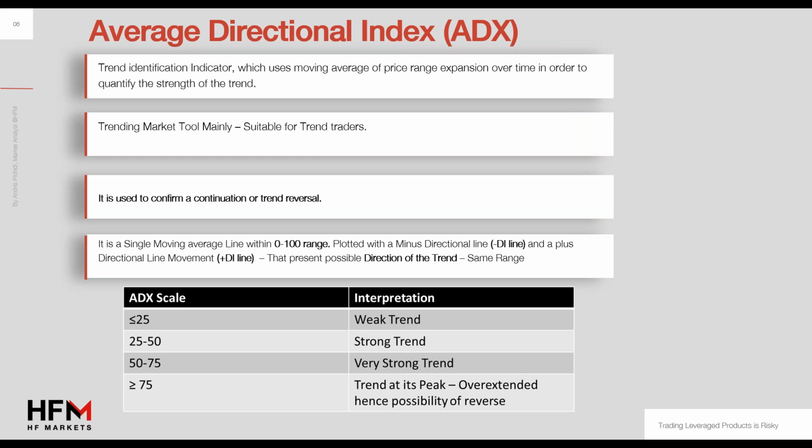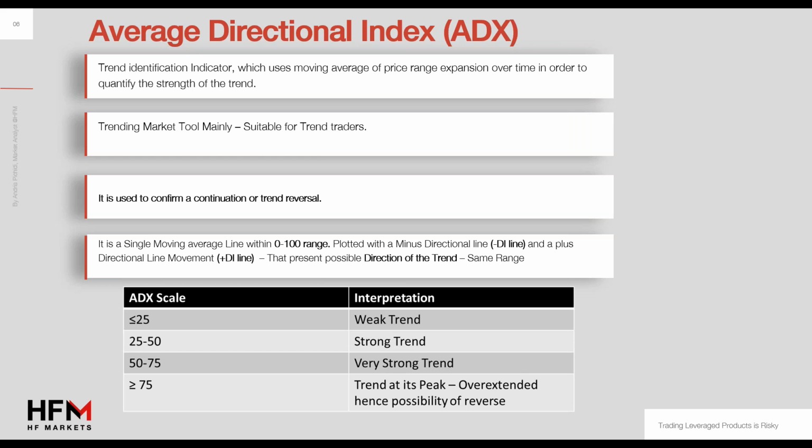That one is ranging between 0 to 100, so it's in a range. And it is the one that will provide whether we are in a trending mode or a non-trending mode. So the scale of the ADX is important for us to distinguish between trending or non-trending conditions.